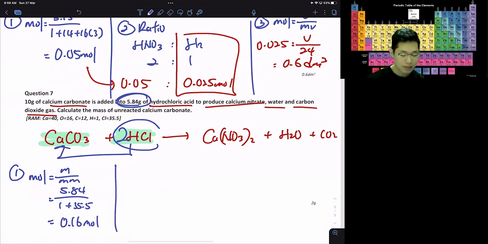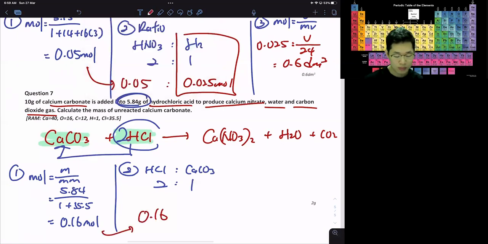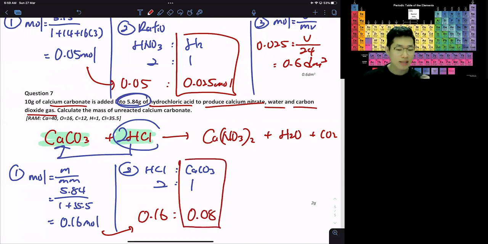Then second step, ratio, HCl to CaCO3, which is 2 to 1. So I got 0.08 mole of calcium carbonate. This is the amount of calcium carbonate needed to react with the HCl.